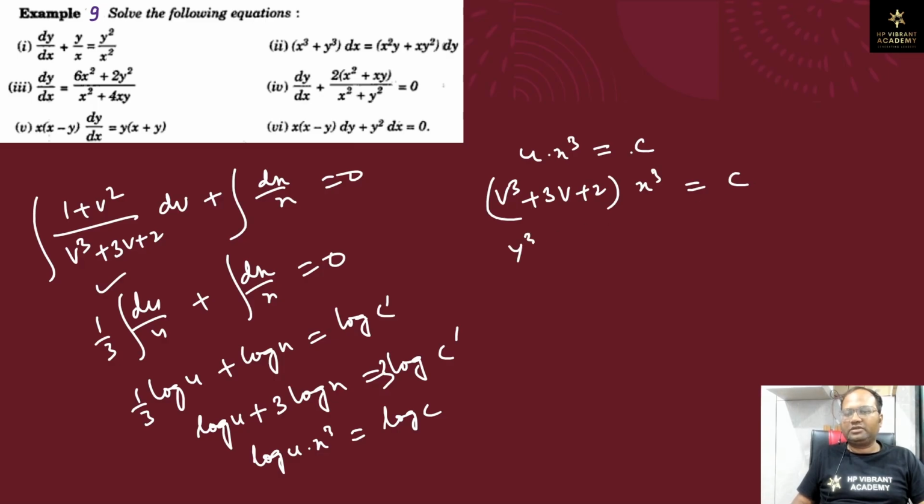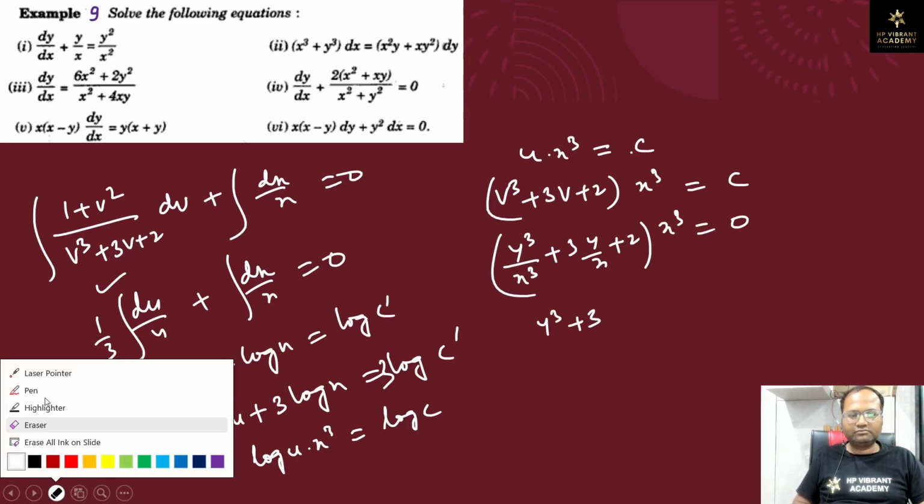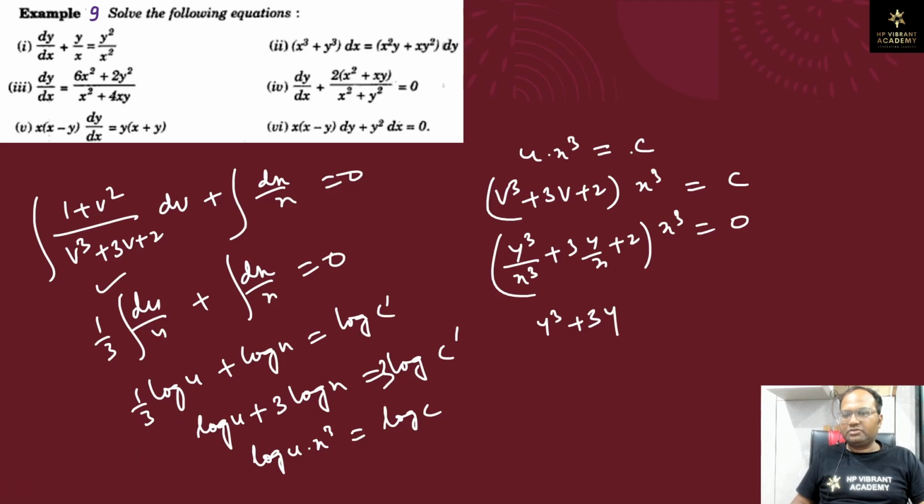So from here y cube upon x cube plus 3y upon x plus 2, times x cube, is equal to c. So from here y cube plus 3y x square plus 2x cube, okay, upon x cube, times x cube is equal to c.